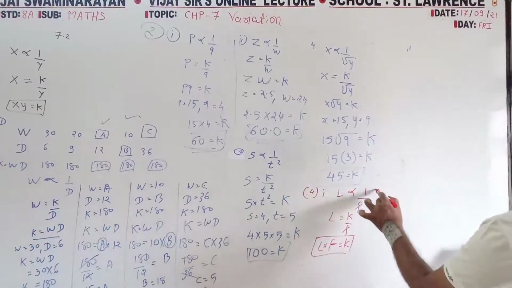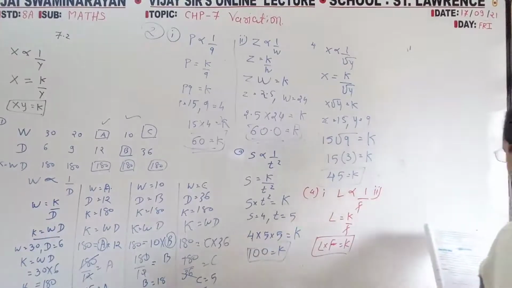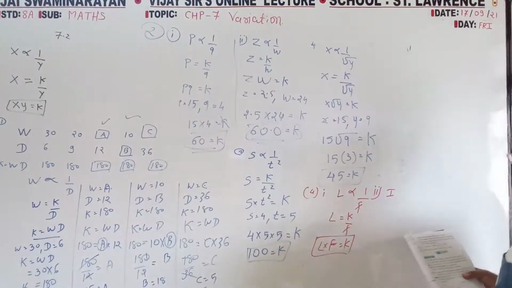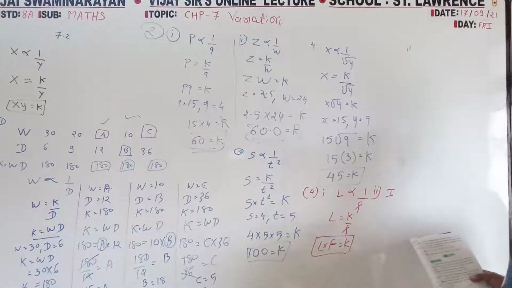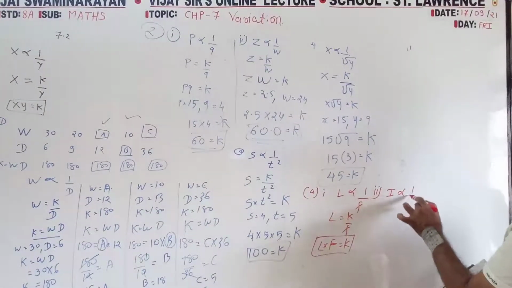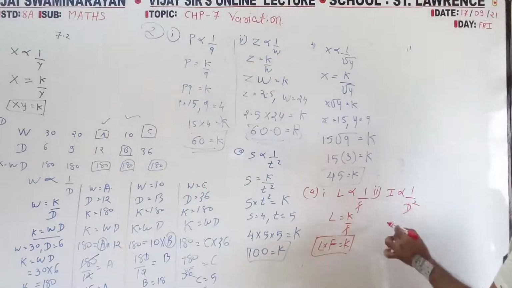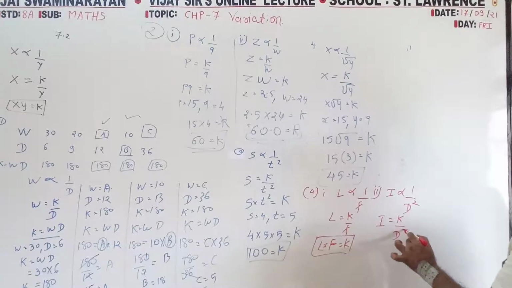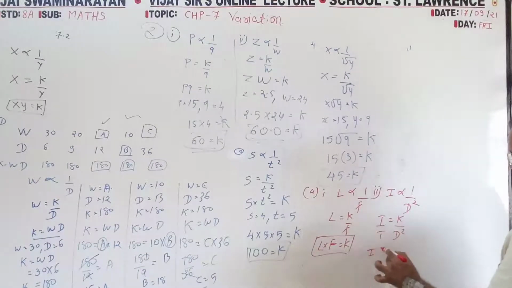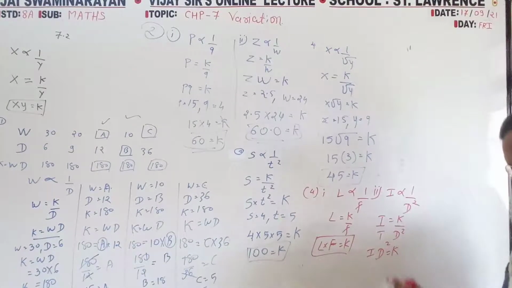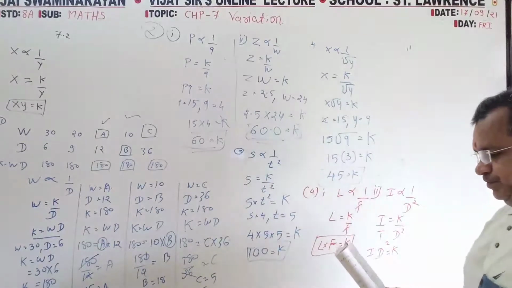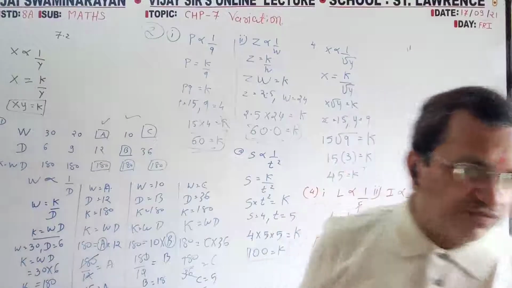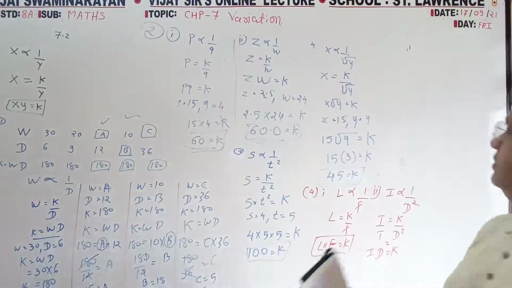One to three steps you have to write. Intensity is inversely proportional to the square of the distance. Cross product, I D square is k. Fifth and sixth cancel. Now for 3 we have time, right?